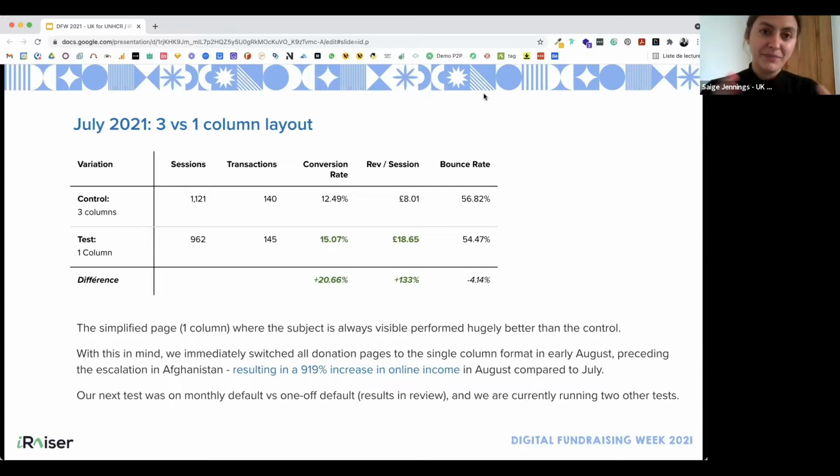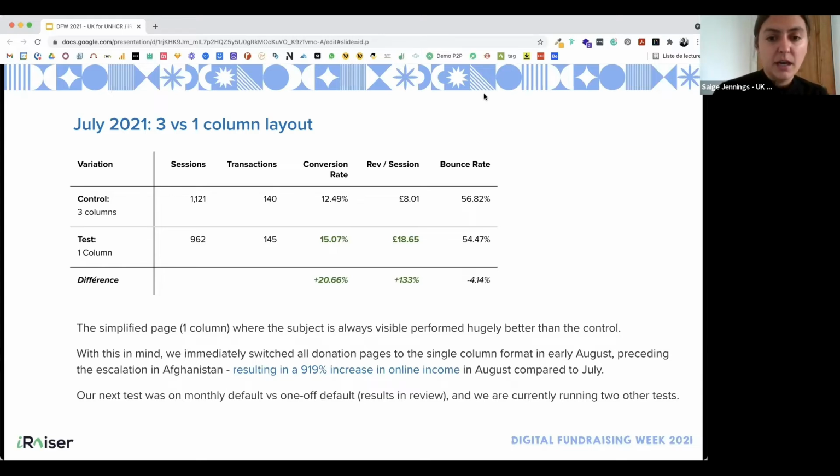I'm not going to give all of this credit to the test, because there was an outpouring of support from across the UK, but looking at the test results from July, I think it did impact performance overall, and there was a 919% increase in online income in August compared to July, which is massive and very monumental. A lot of support, and really great to see how many people responded to the situation and are continuing to respond.